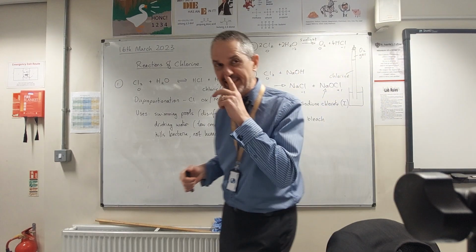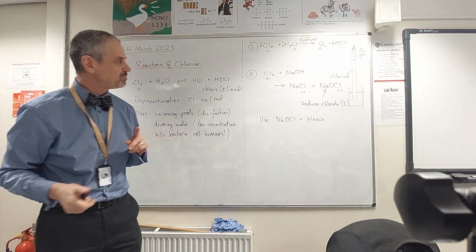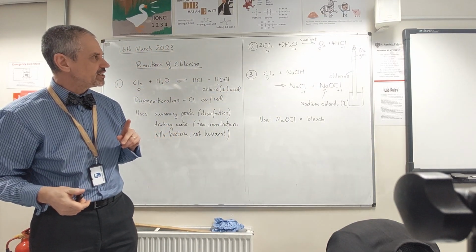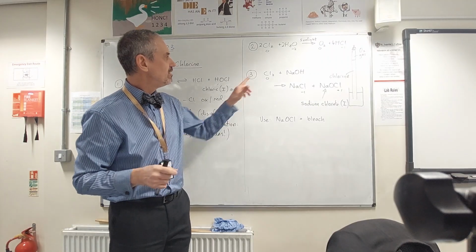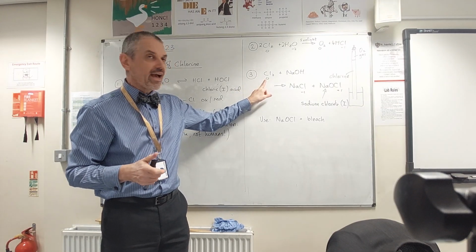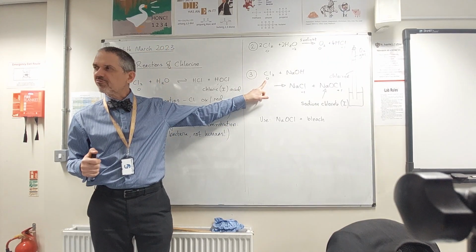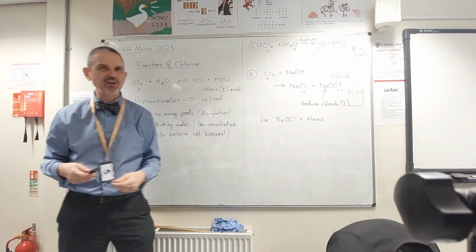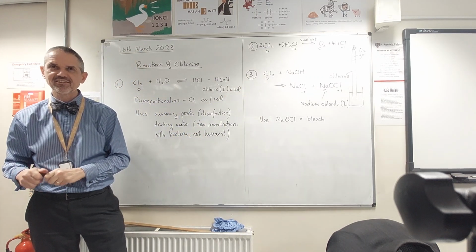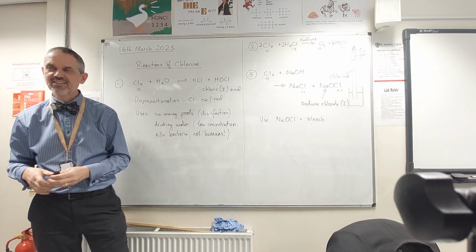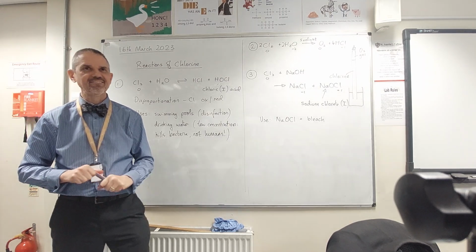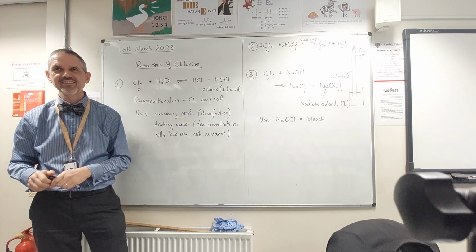And just a little bit of background. You don't actually need this for A level, but you've done it in GCSE. Where do we get chlorine from? Which process makes chlorine gas? Do you remember?